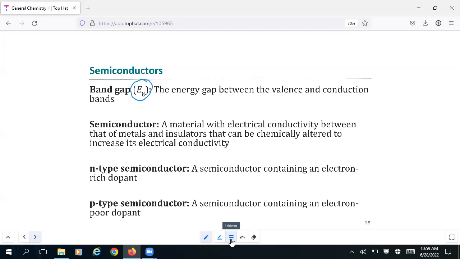We can do what's called an N-type semiconductor. In an N-type semiconductor, we're going to introduce an atom that has slightly more electrons in it. And so what it's going to do is raise that valence band and minimize the gap.